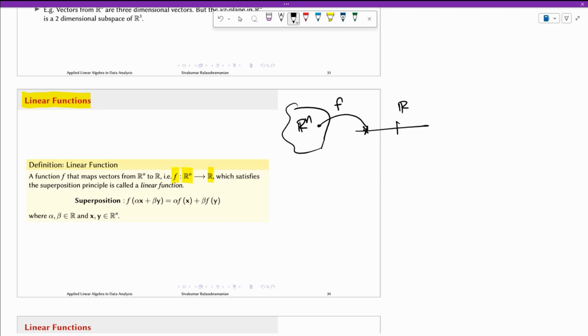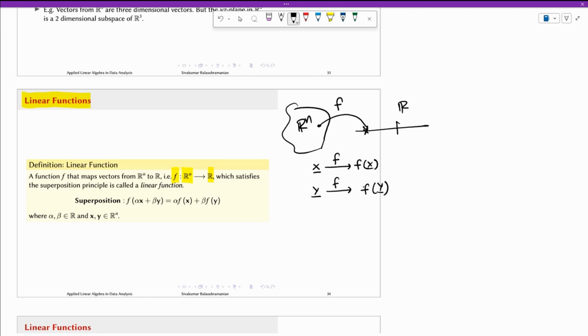Essentially it means if I have a vector x which under the map f produces some number f of x, note x is an element from Rn, f of x is actually a real number, and I have another vector y which f maps to f of y.